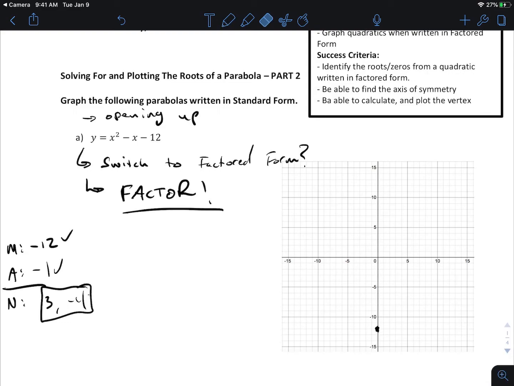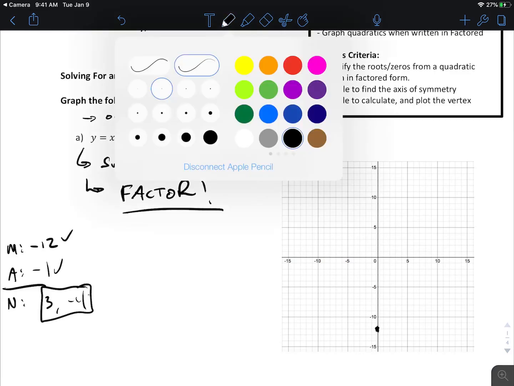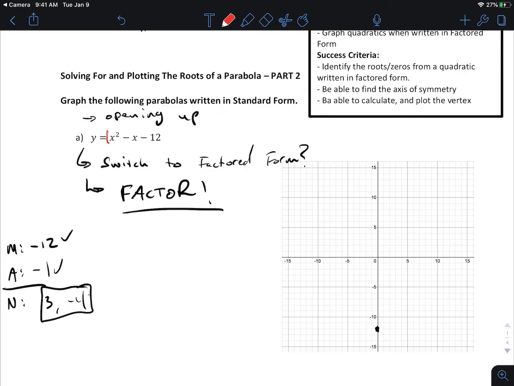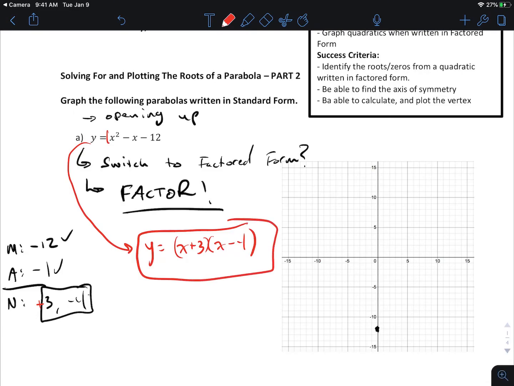Complex, perfect square, simple? Simple, because there's a 1 here. So if I have a 1, then I can basically just take whatever signs are in front of both these numbers. That's factored form. I've switched it.